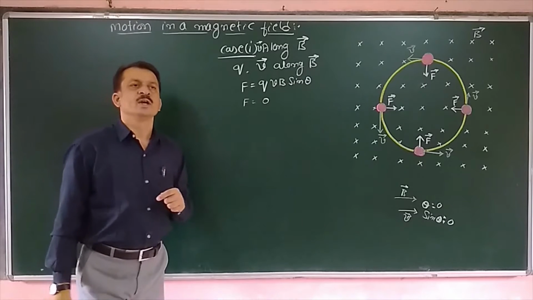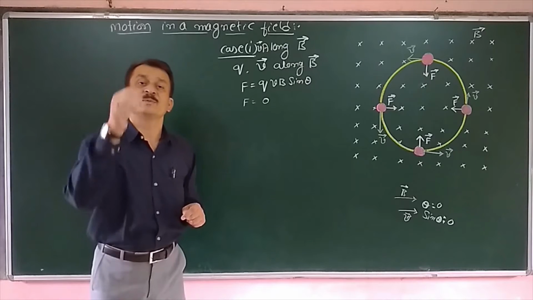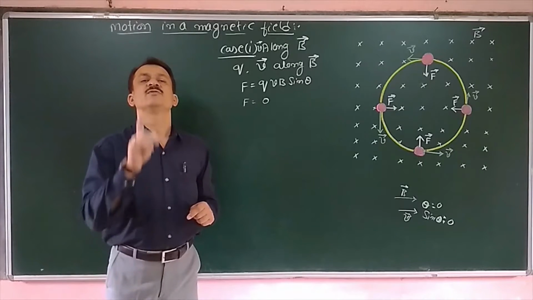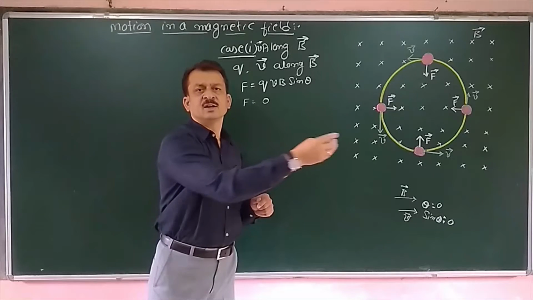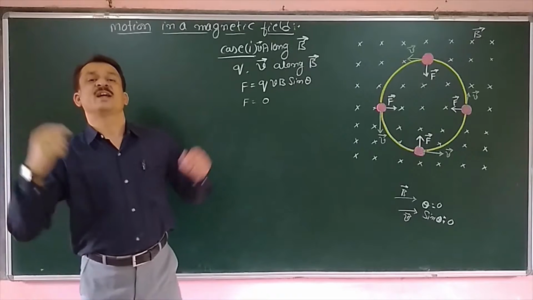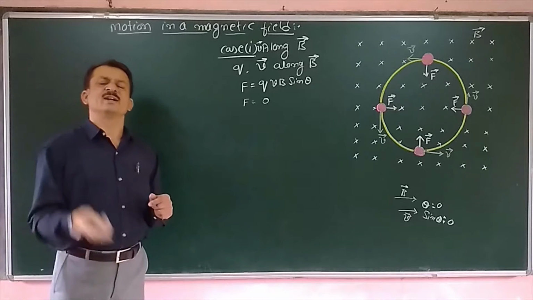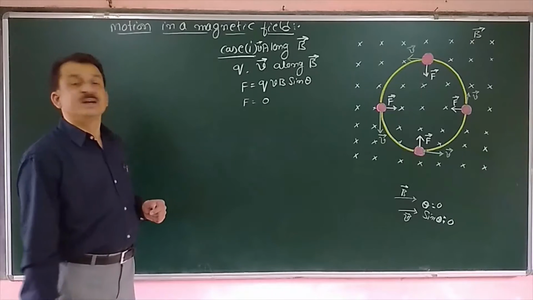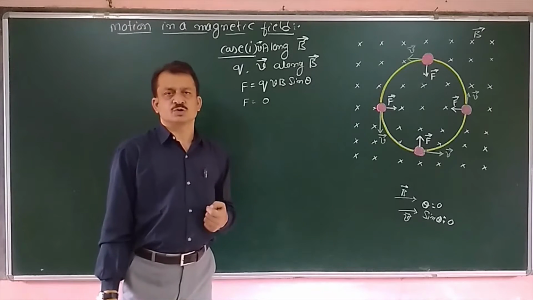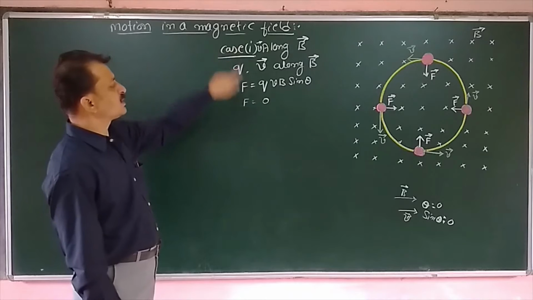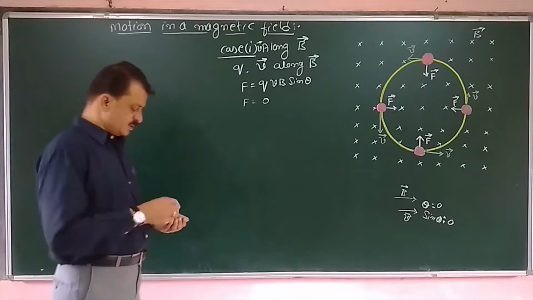That means even though there is a magnetic field, and the charge is moving in the presence of the magnetic field, if the charge moves along the field direction or even opposite to the field direction, that is parallel or anti-parallel to the field, it will not experience any magnetic force. The magnetic force experienced by that charge becomes 0. That is the first case.